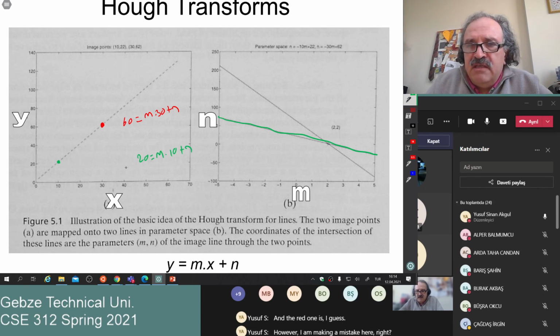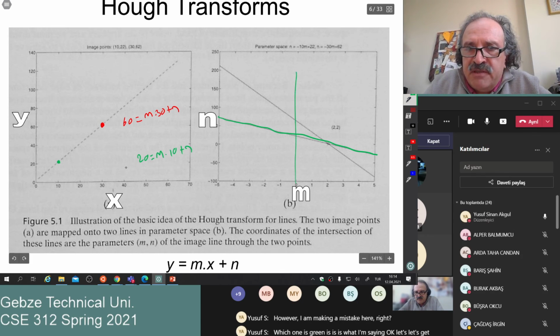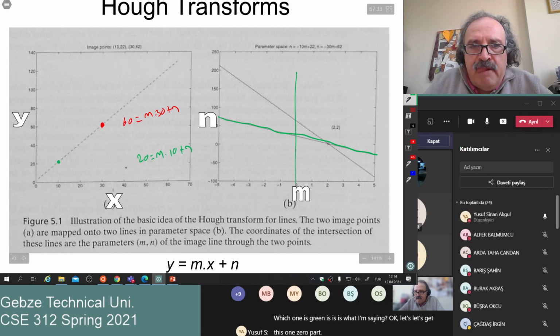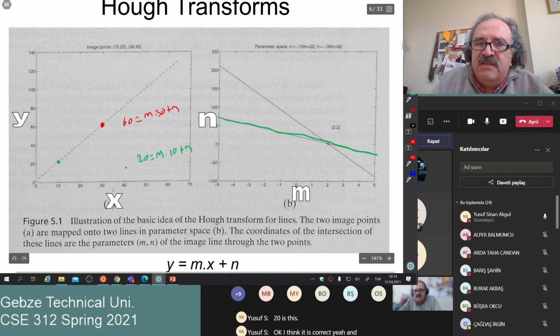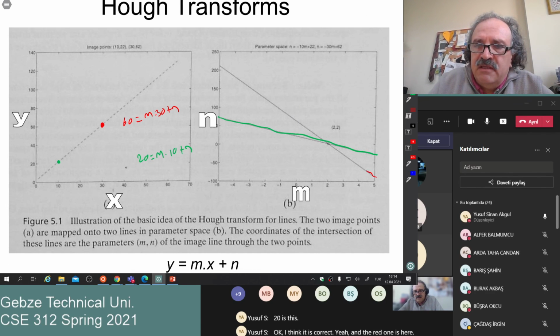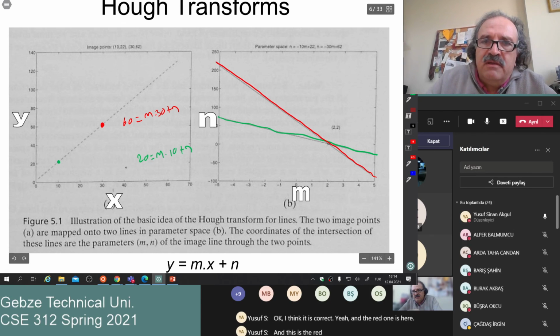Okay, let's look at this one, the 0 part. When m is 0, n should be 20. Okay, I think it is correct. Yeah. And the red one is here.